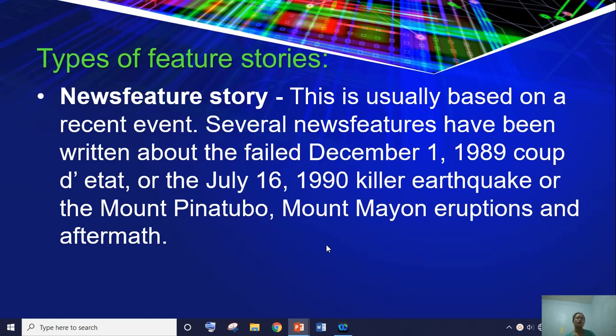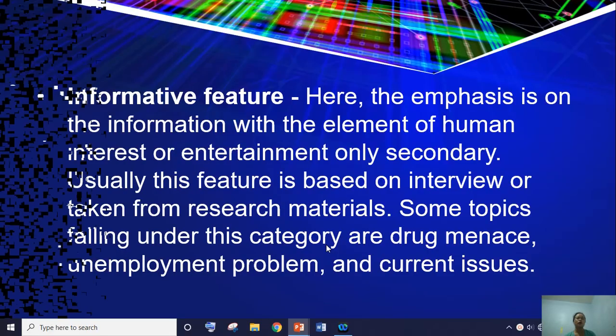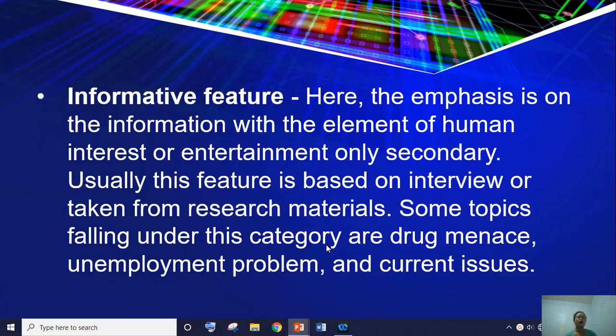So the first type of feature story is the news feature story that is based on a recent event. Next, informative feature. Here, the emphasis is on the information, with the element of human interest or entertainment only secondary.